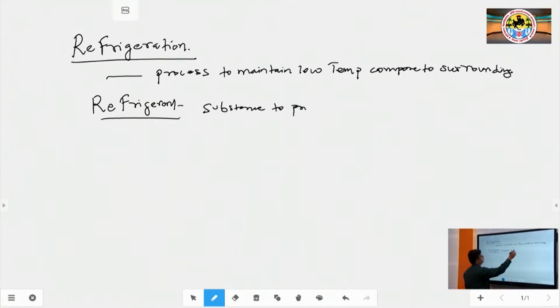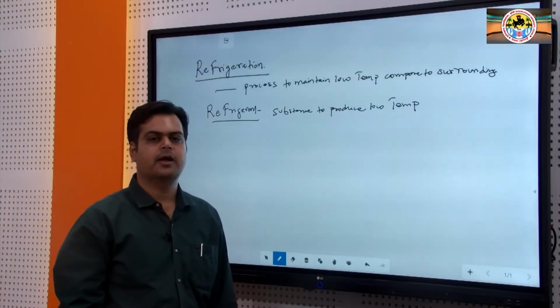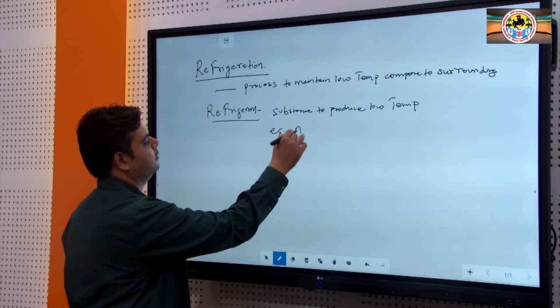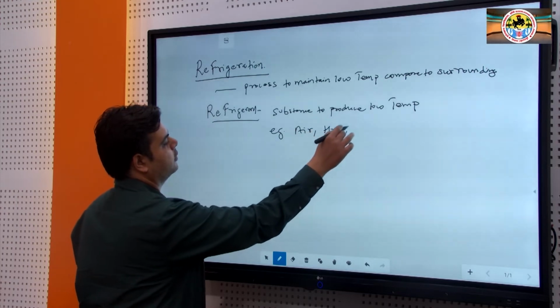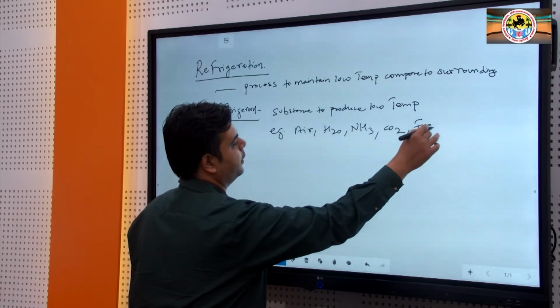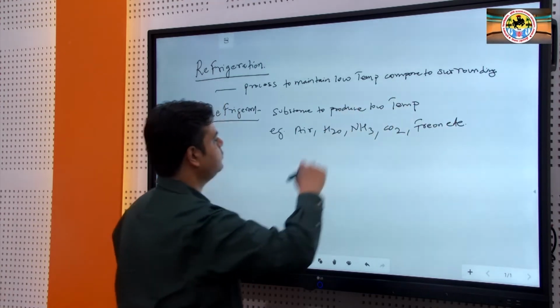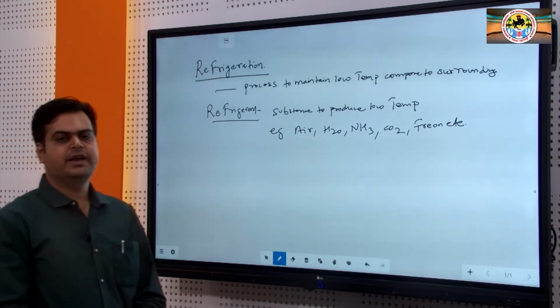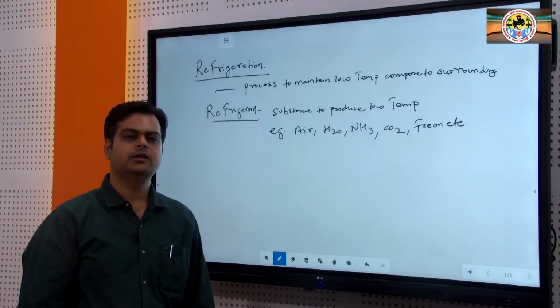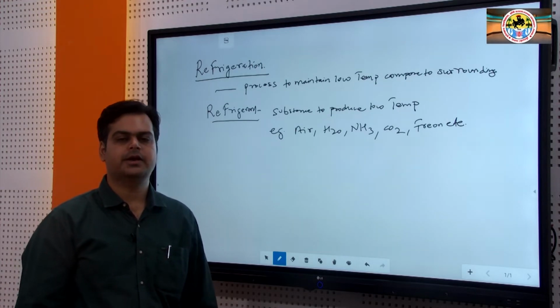For example, air, water, ammonia, carbon dioxide, freon, etc. So, by using the refrigerant, we can cool different types of processes and extract heat from these processes.